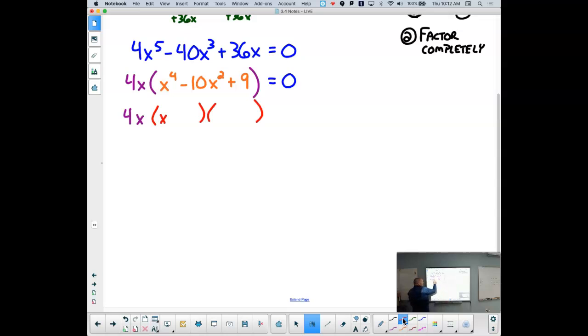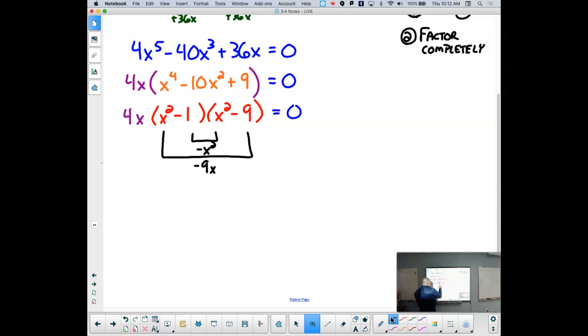And that's going to be x squared minus 1 and x squared minus 9. Still equal to 0. Okay? Because then when I do that check, I've got negative x squared. I've got negative 9x squared. That's negative 10x squared. That's exactly what I want. So we factored that trinomial completely.